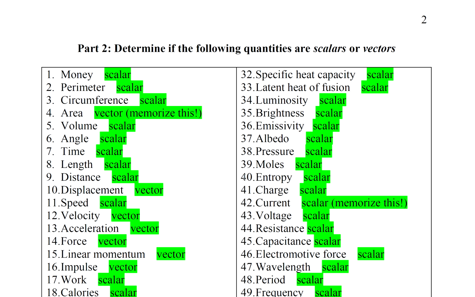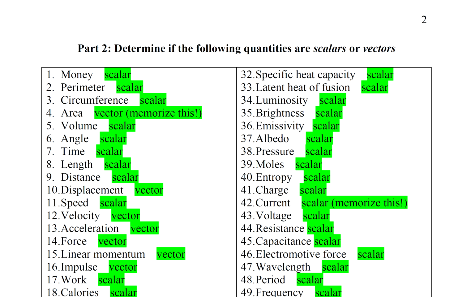Question 4, area is a vector, which is quite surprising, so memorize that. Question 5, volume is a scalar. You never assign a direction to the volume of an object. You don't say the volume of the house is a few thousand meters cubed west.